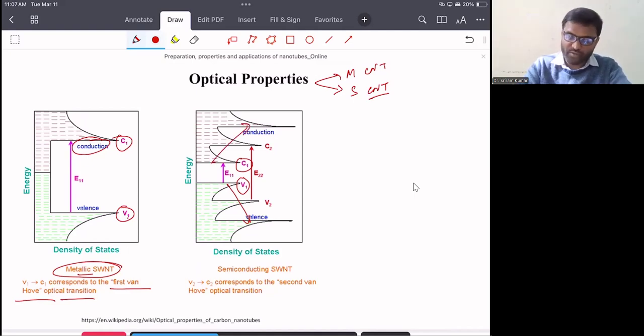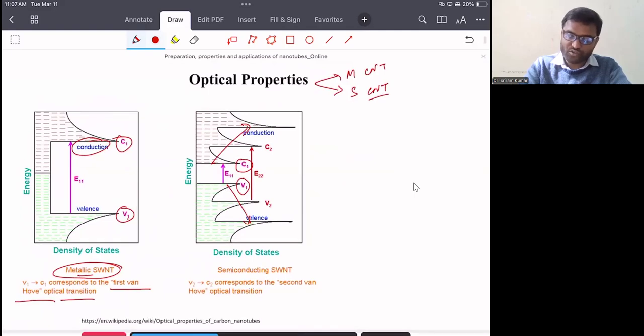Transition may be possible from V1 to C1, V2 to C2, or maybe V3 to C3. And normally the transition in the semiconducting CNT is from V2 to C2, and that is called the second Van Hove optical transition.